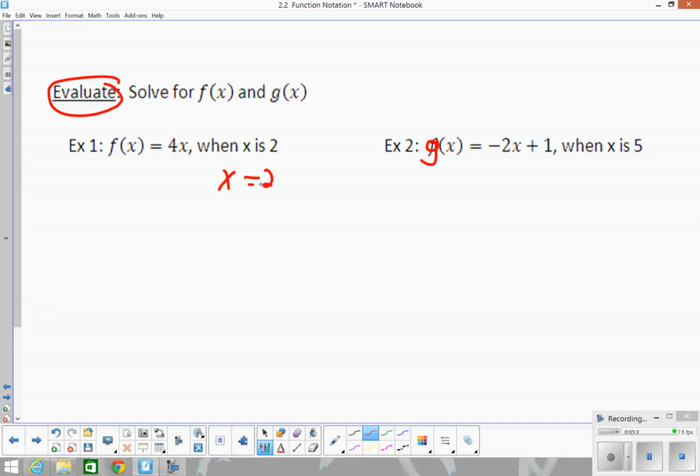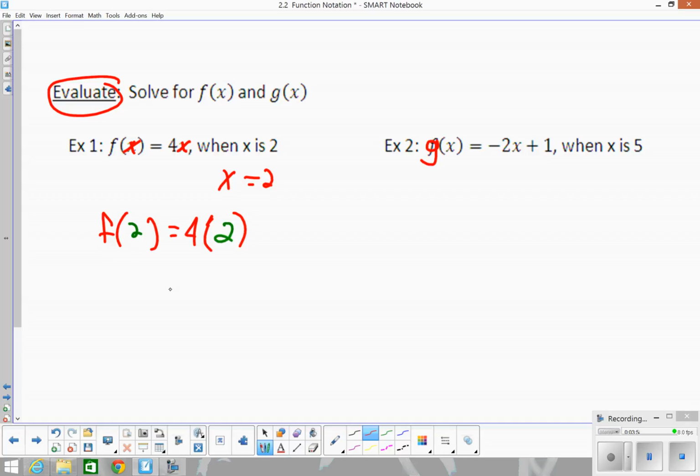What you're going to do with that 2 is plug it into your equation. I see two x's here, one there and one there. All you're going to do is take that 2 and plug it into both sides. So I'm going to have f of 2 equals 4 times 2. The left side is just the notation f of 2, so you don't have to do anything with it.